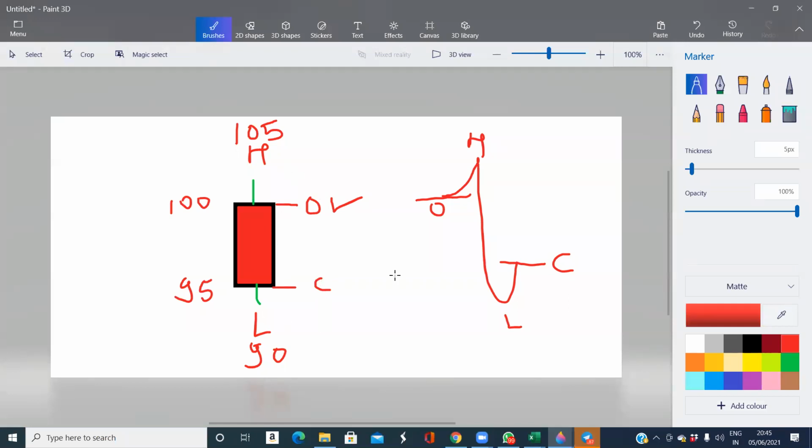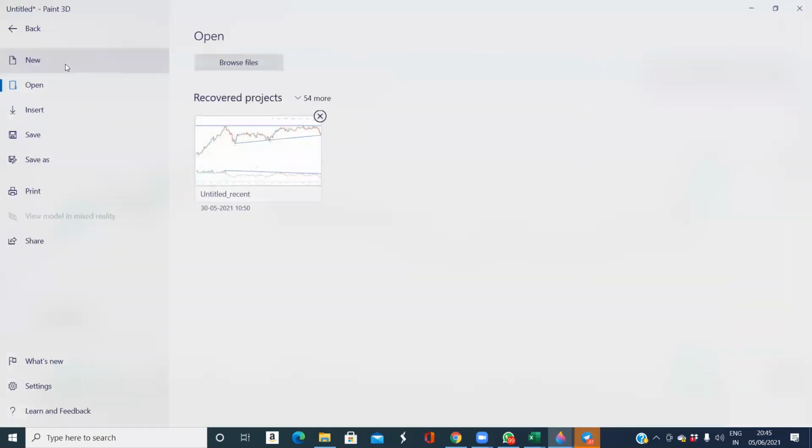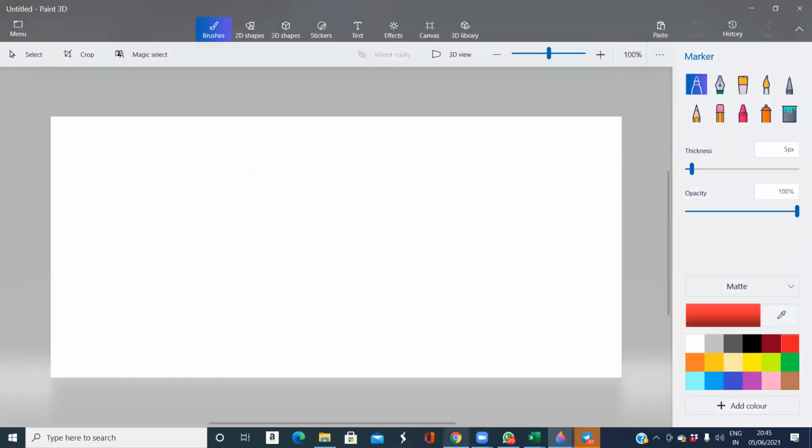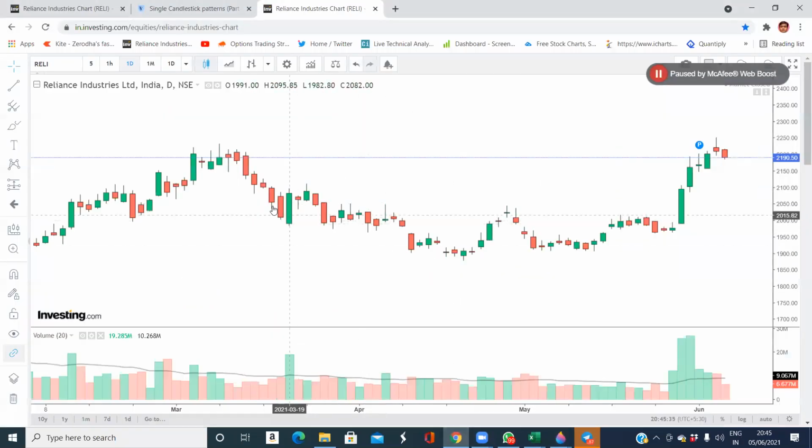That is very important. Okay, so now there are different types of candles. So we will see the candle types one by one. Okay, so now if you look at this chart, all the candles are not the same. They are looking different.